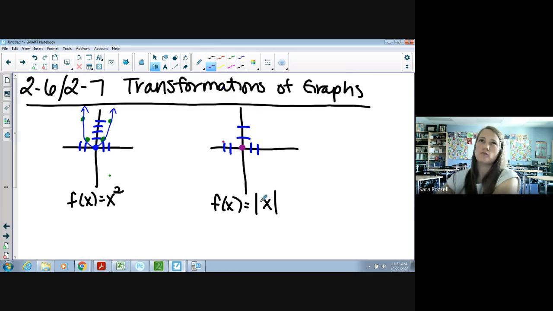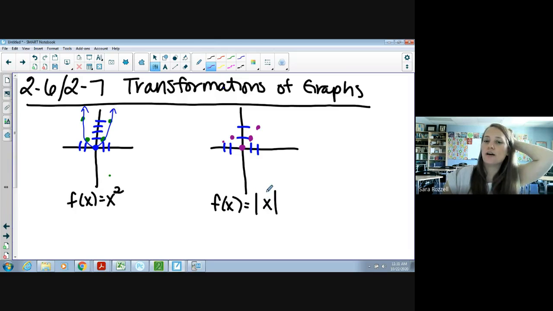What's the absolute value of 1? 1. Okay. What's the absolute value of negative 1? 1. So at negative 1, we're at 1. What's the absolute value of 2? 2. And what's the absolute value of negative 2? Also 2.